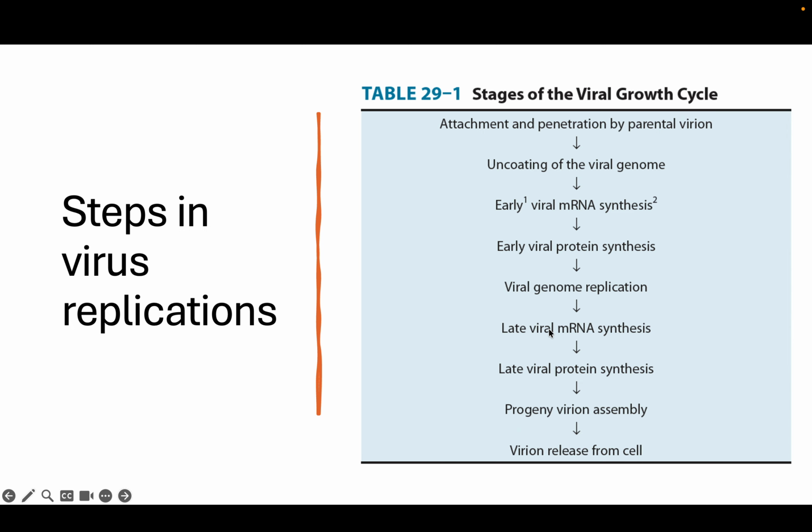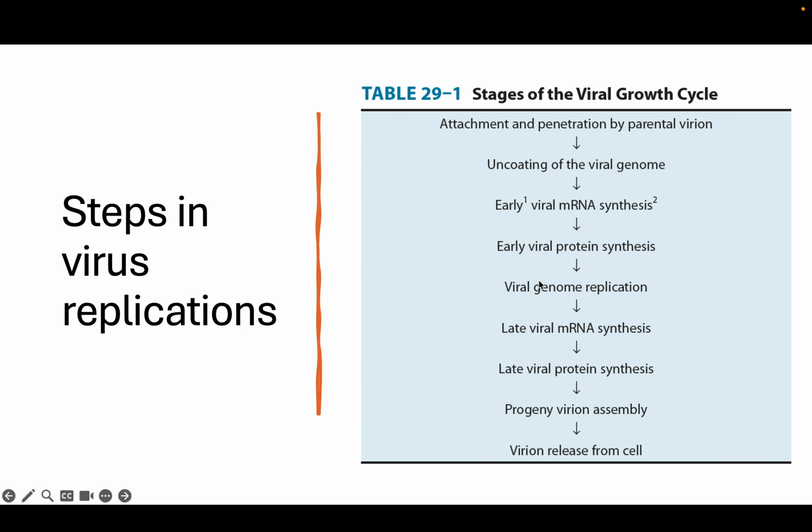And then you have something called the late viral mRNA synthesis. So you have early, and this early is mostly for enzymes for the genome replication. The late one is a bit later, and this is mostly for the protein synthesis, mostly for the capsomers, the ones that create the new baby virions, the baby viruses.